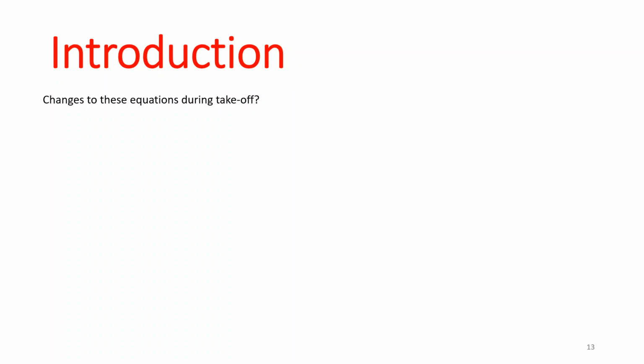Let's talk about takeoff. What are the changes to these equations during takeoff? What is going to happen during takeoff that is different from the cruise conditions? Exactly. So essentially, you can safely assume it is not really zero because your airplane is moving, right?